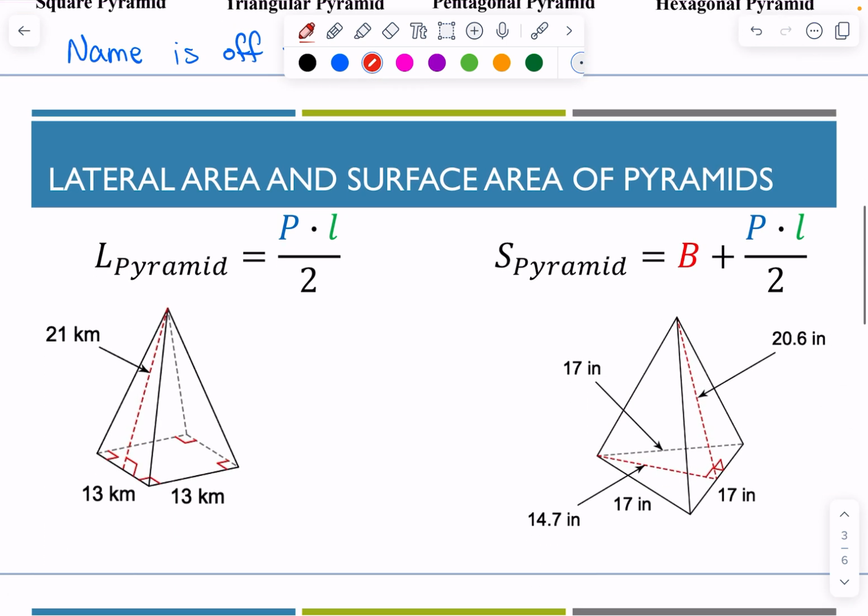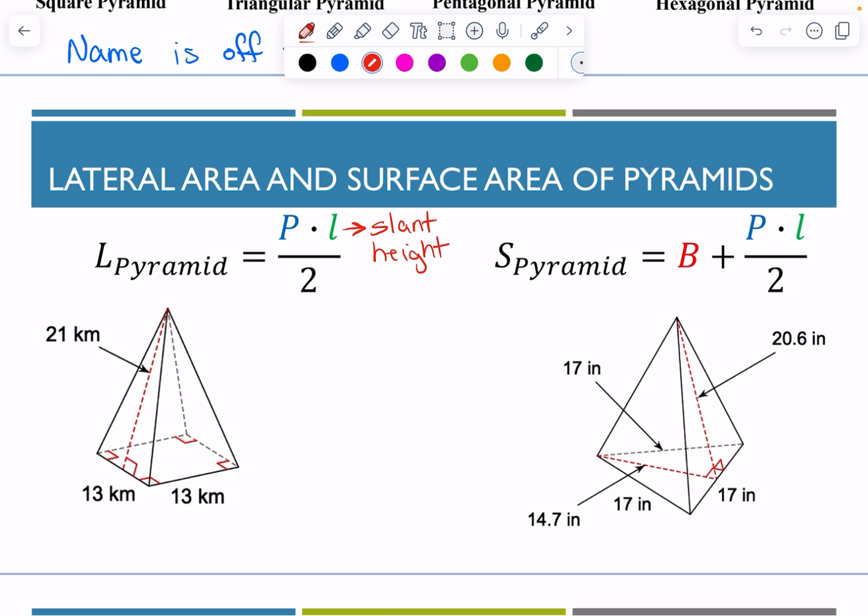All right, so here's the two formulas we are going to use today. So first one, lateral area of a pyramid. We're going to take the perimeter of the base times the slant height.